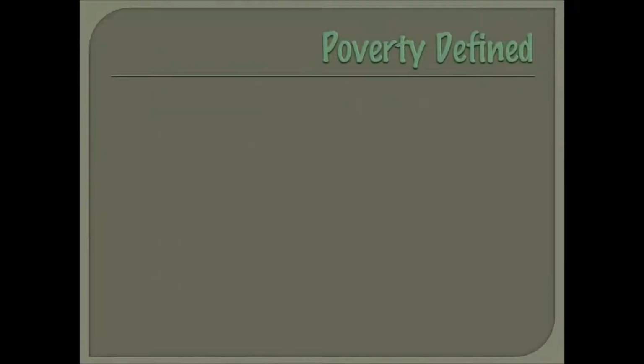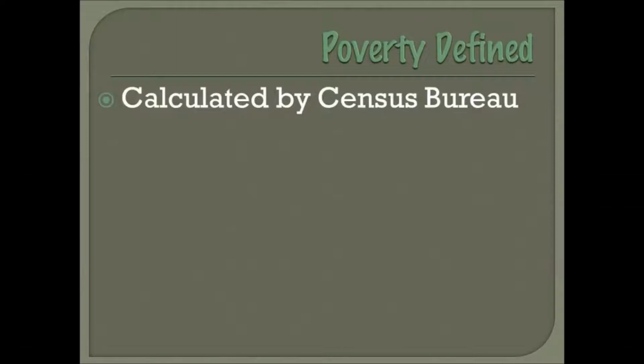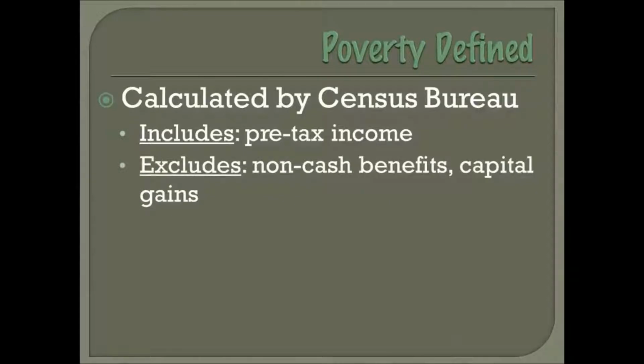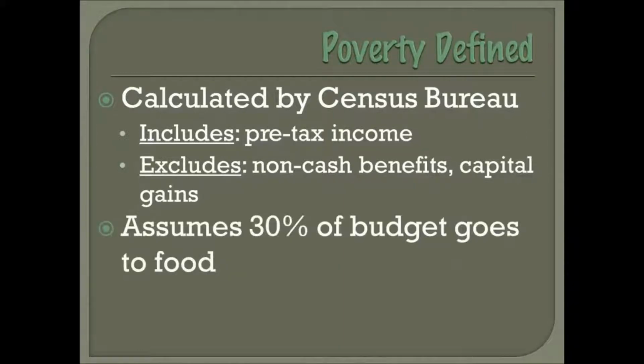And poverty is a number that is calculated by the Census Bureau, and it includes people's pre-tax income, excluding any benefits that they may get from the government or capital gains or any other source of income other than salaries. And it makes an assumption that you spend about 30% of your budget on food.